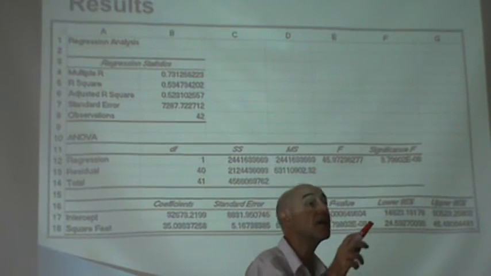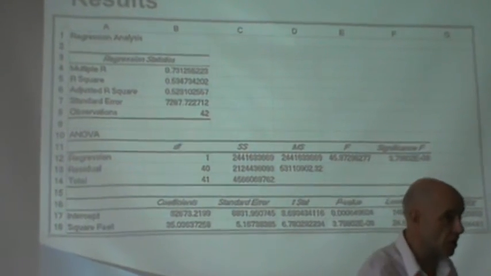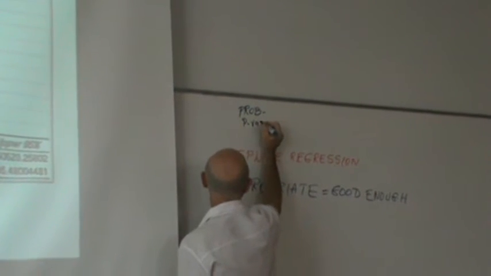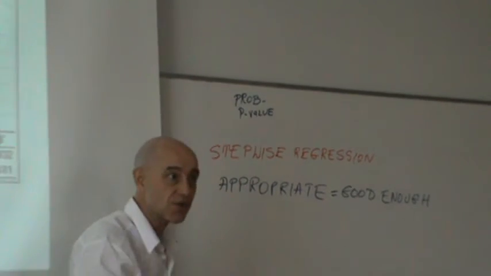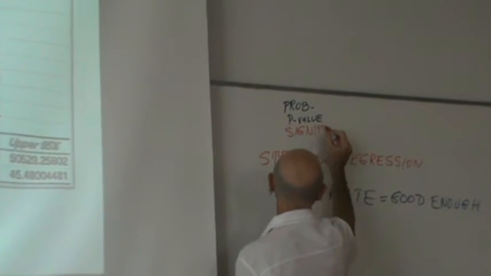The probability, both for the exam and of course for the midterm, will come either as the prob value or as the p value, or now pay attention, or as significance, because our software will usually say significance.